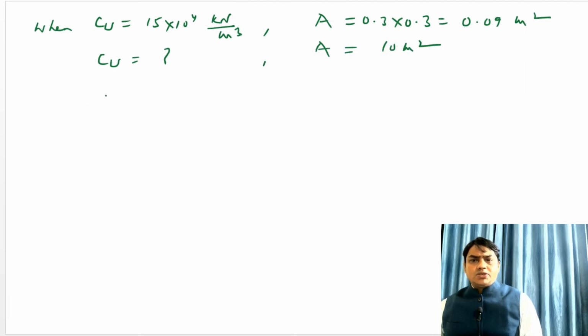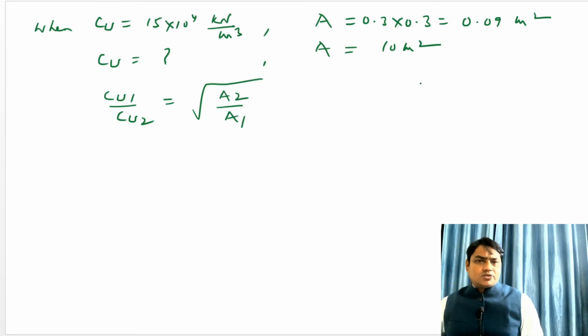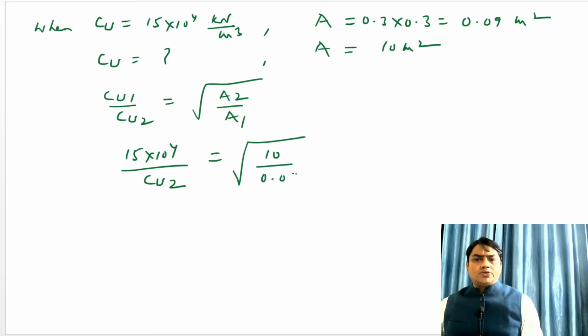We have the relation Cu1 by Cu2 is equal to the square root of A2 by A1, and this is applicable for base area up to 10 meter square, so it is okay. So Cu1 is 15 into 10 to the power 4 divided by Cu2, is equal to the square root of A2 by A1, with A2 as 10 divided by 0.09.